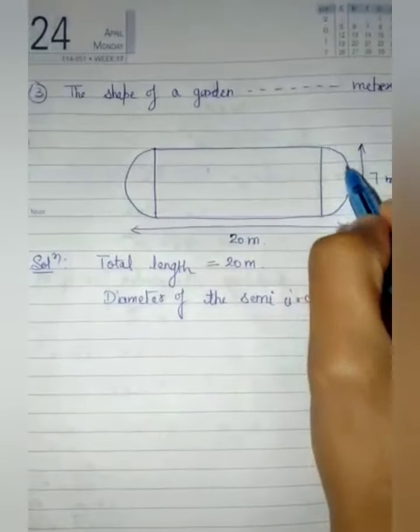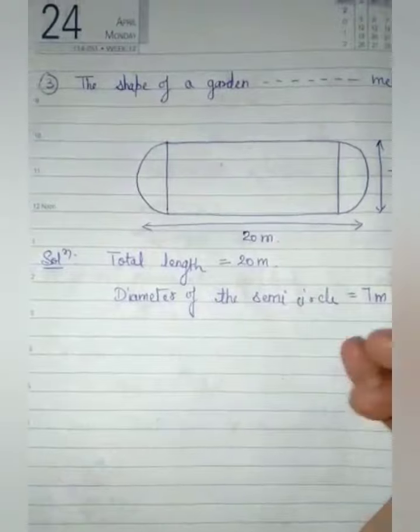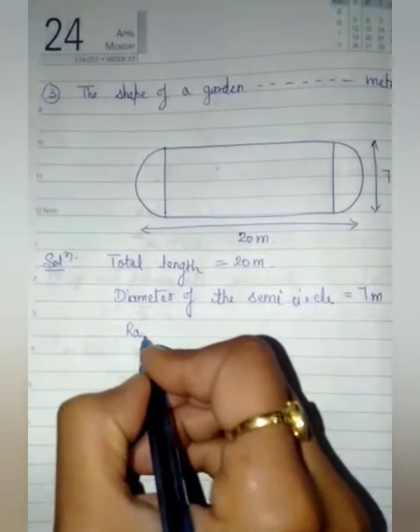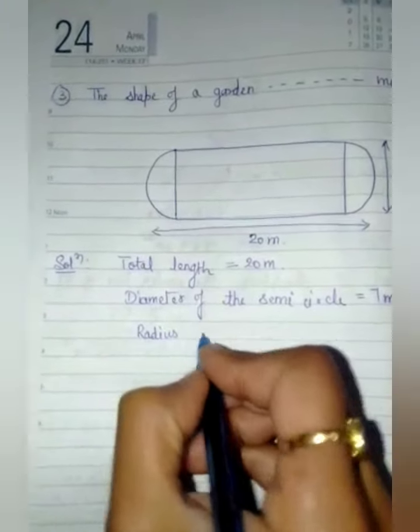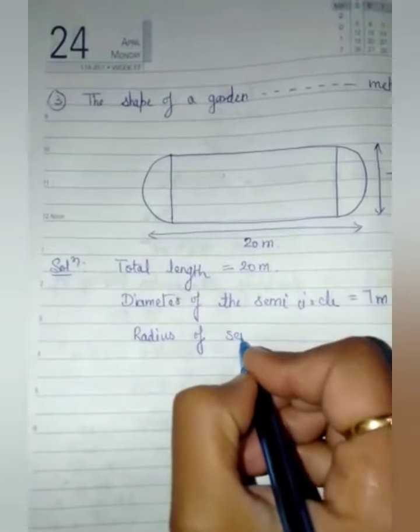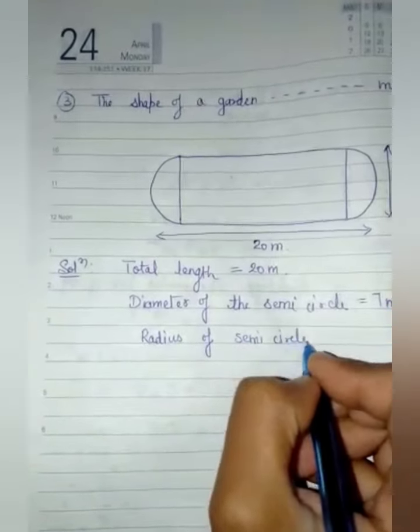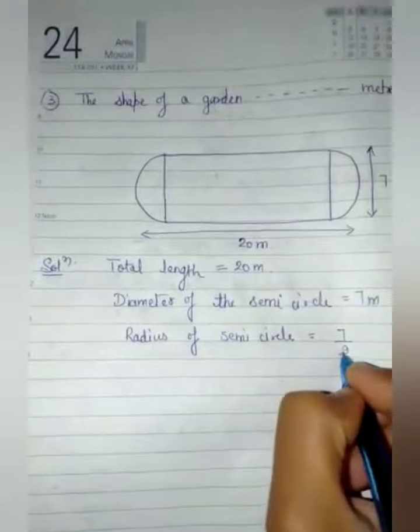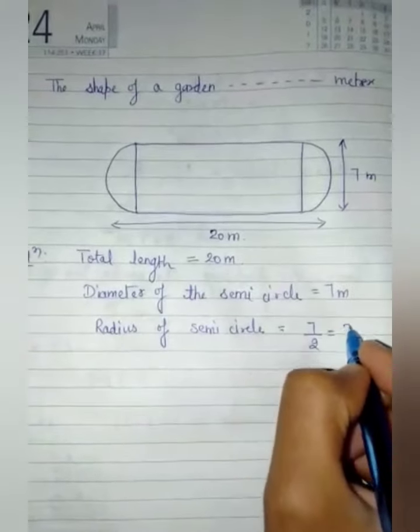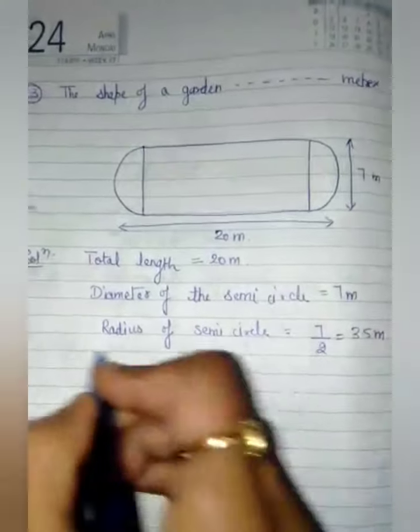Here you can see the diameter of the semicircle. So if the diameter is 7 meter, its radius will be half of the diameter, that is 7 upon 2 is equal to 3.5 meter.